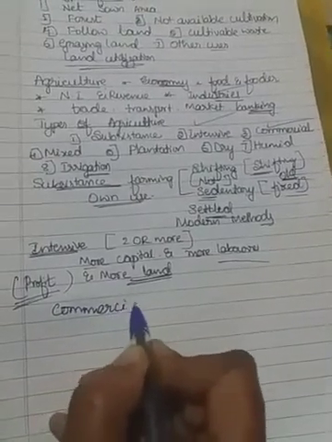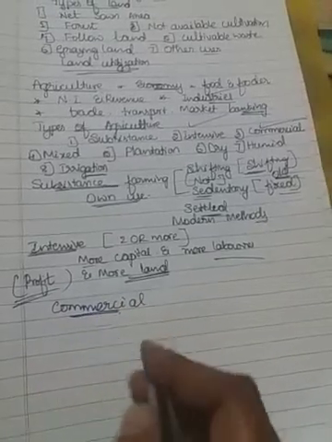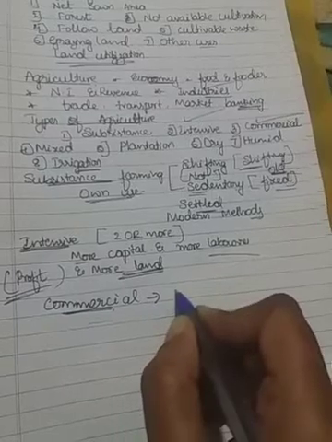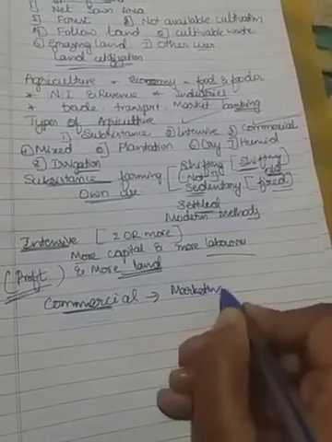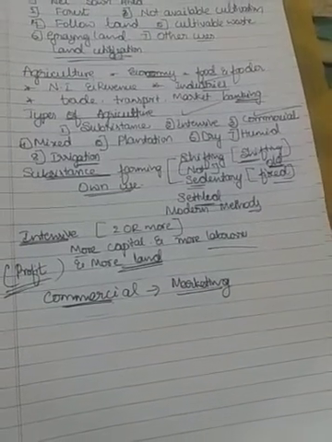So what is meant by commercial farming here? The name itself says, the farmers grow crops for the commercial purpose, in the sense only for marketing purpose, that is called commercial farming.